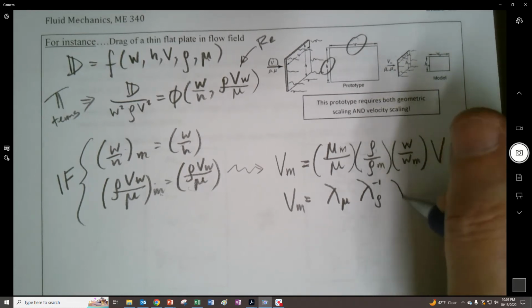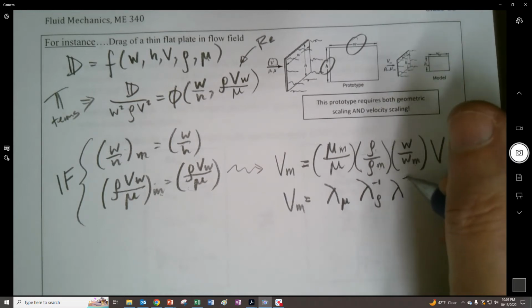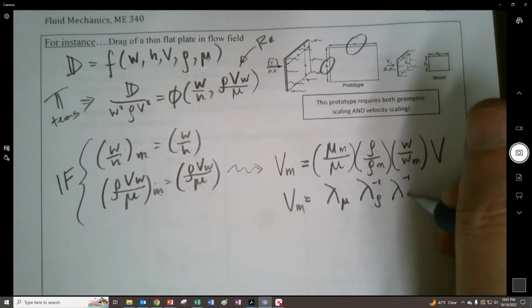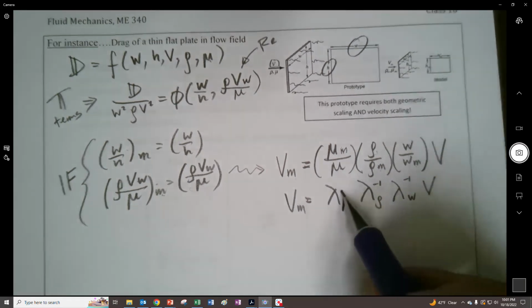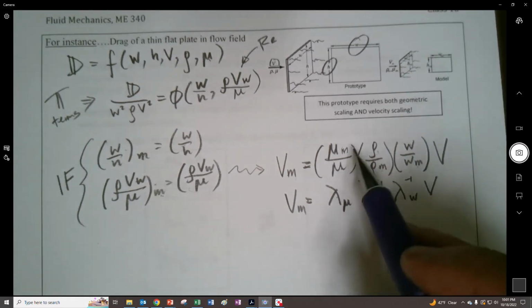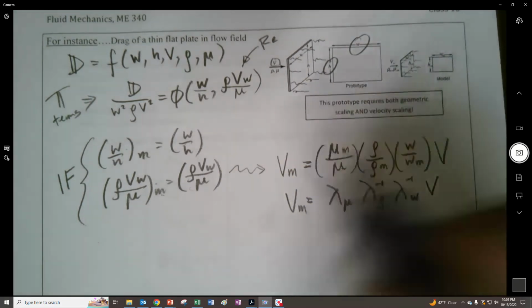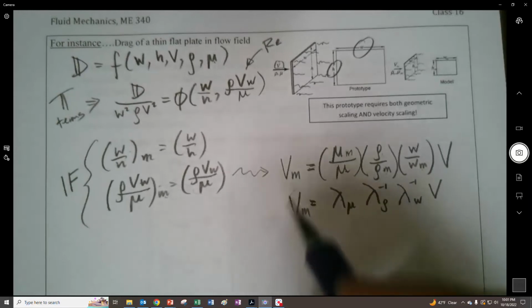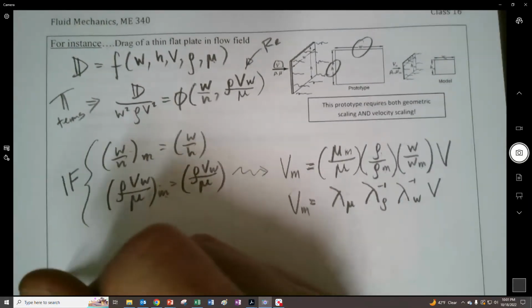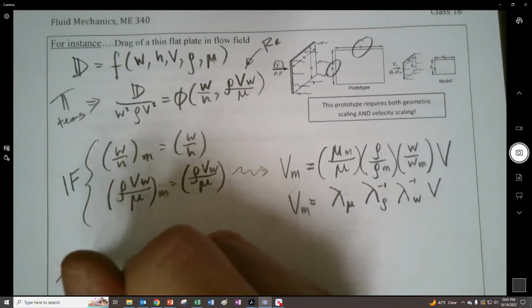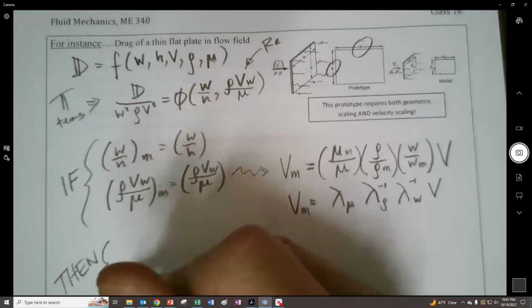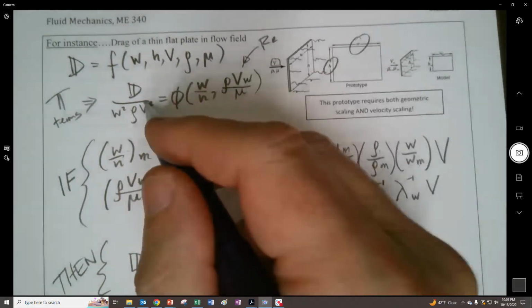And this right here is also going to be 1 over the width scale, right? So we have scale, scale, scale, and these are determined by the Reynolds number. So if we match this right here, then we can match this guy right up here.